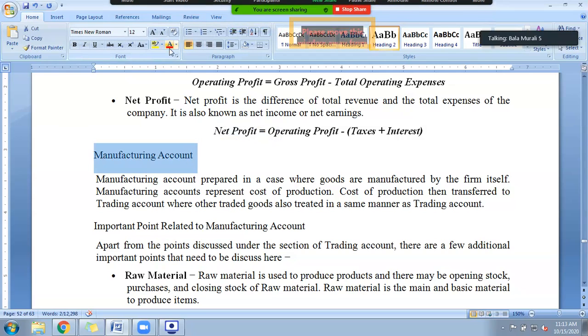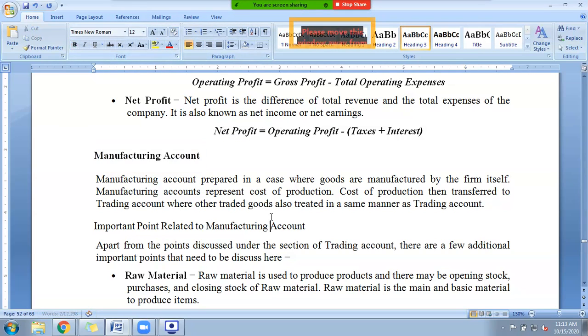In some cases we will prepare trading account, in other cases we will prepare manufacturing account. For example, manufacturing account is prepared where goods are manufactured by the firm itself. In case of a trading account, either you can manufacture a good or you can buy the good and sell it. So that is trading account.